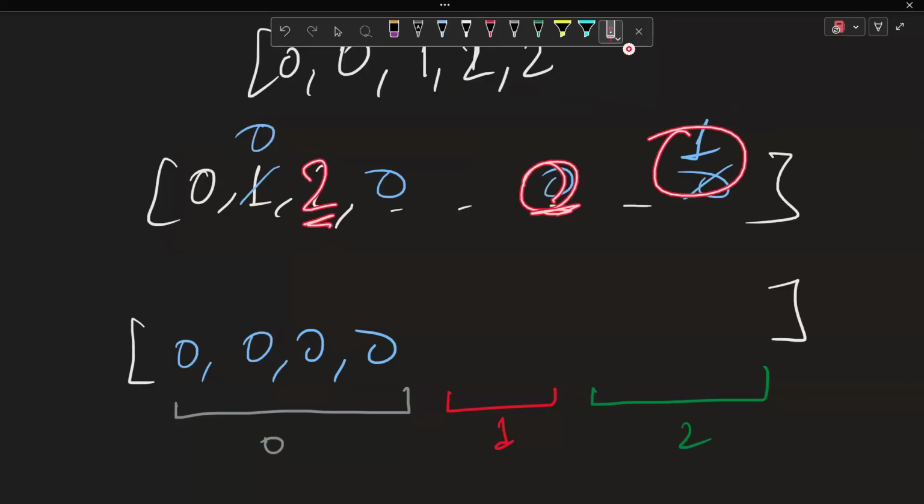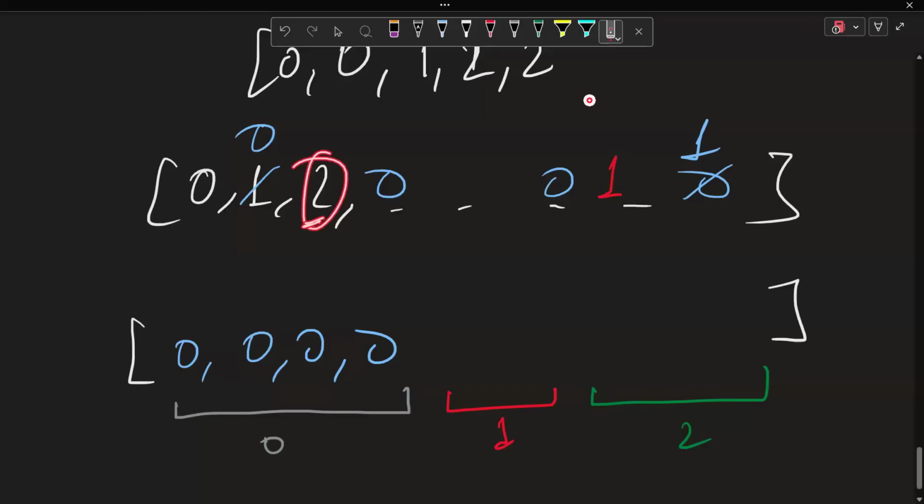Okay, if there is a 2, what I would do is, for a 1, only one swap was needed, no problem. Now for a 2, we would search for the last 1 that we have in our array. Okay, let's say we have a 1 somewhere here. So in order to get a 0 here, you need to utilize a 1 because you cannot directly swap 2 with a 0.